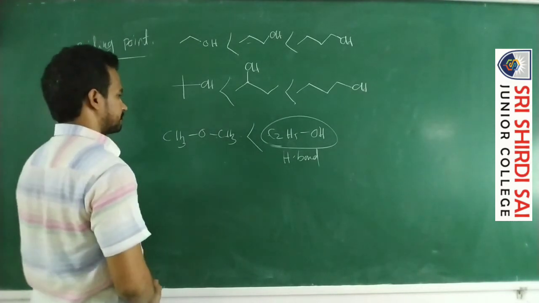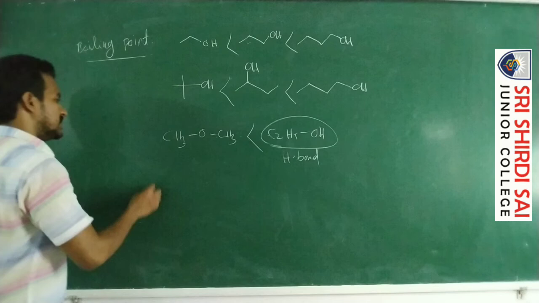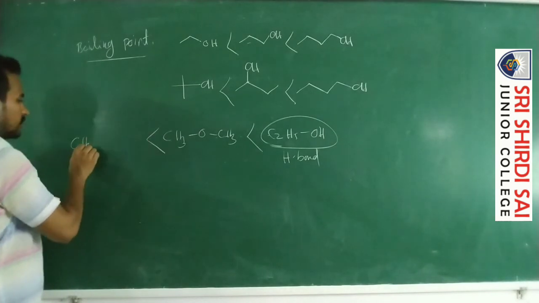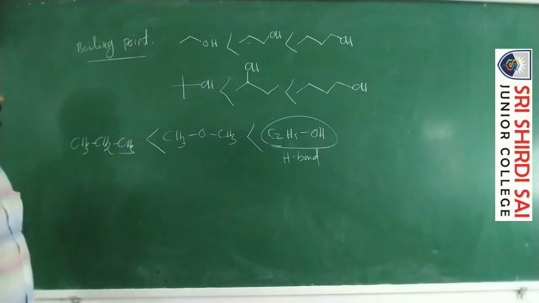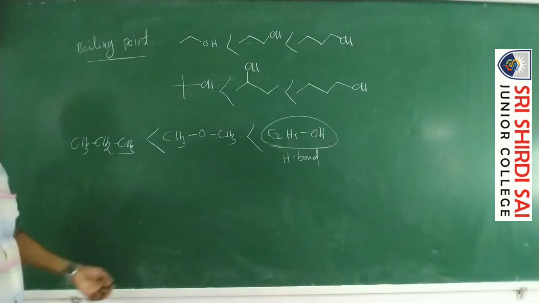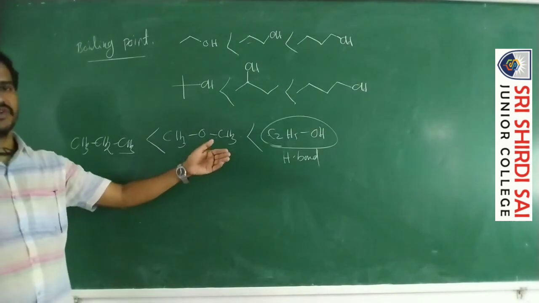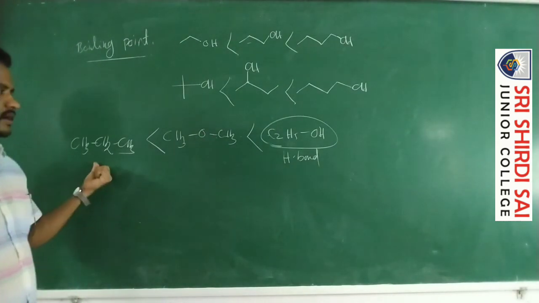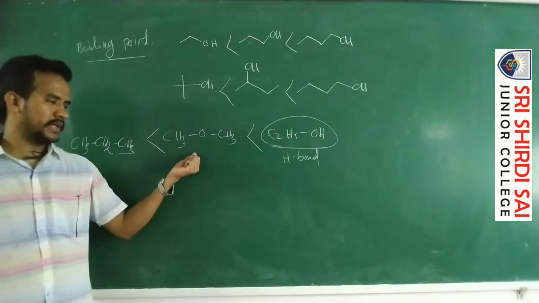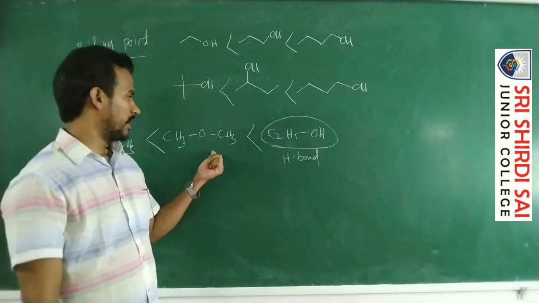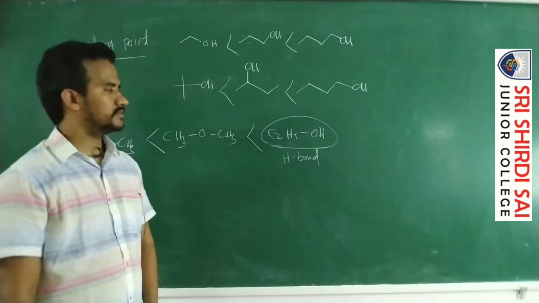So next, suppose this ether has a higher boiling point than propane. Okay, because in this case the carbon-oxygen bond is somewhat polar in nature, but propane is non-polar. So alkanes have a lower boiling point than ethers, and ethers have a lower boiling point than alcohols.